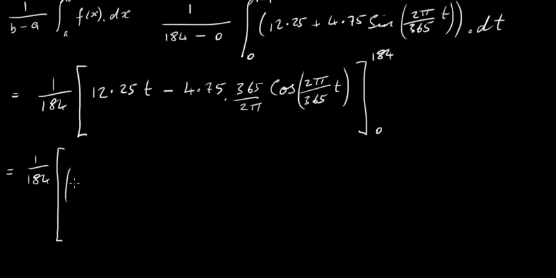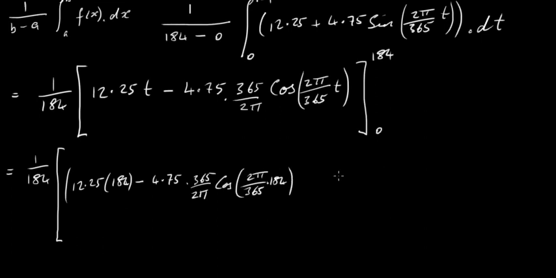Let's see, we have 12.25 times 184 minus 4.75 times 365 over 2 pi cosine 2 pi over 365 times 184. That's the first part. We've got to subtract. Same thing again, but substitute in 0.